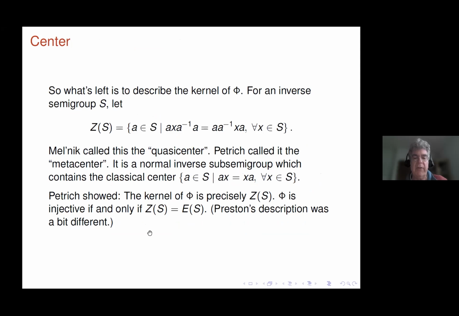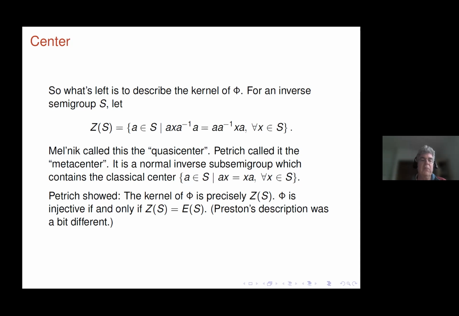For an inverse semigroup, let Z of S, or Z of S if you're Canadian or British, be the set of all elements that commute with everything in the semigroup. But you notice that the commuting is defined in a strange way: AX times the idempotent A inverse A is equal to A inverse A times the idempotent XA.